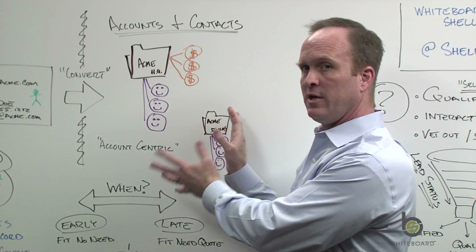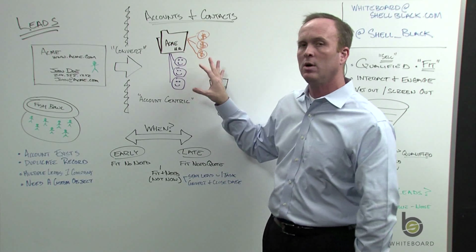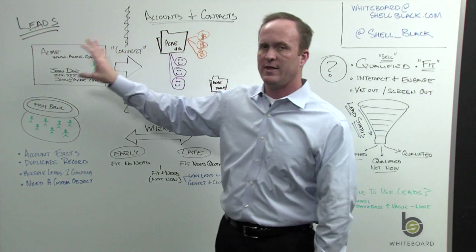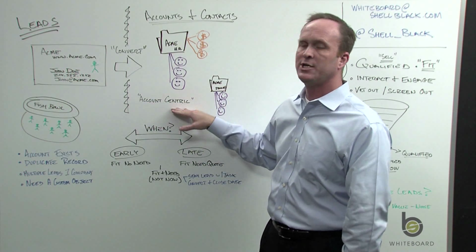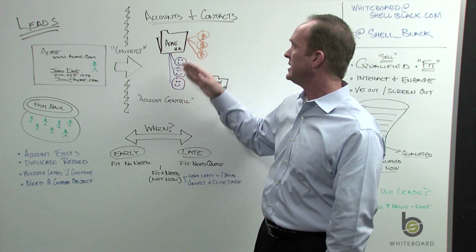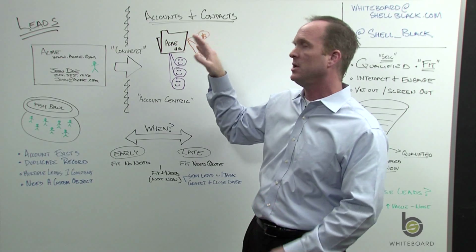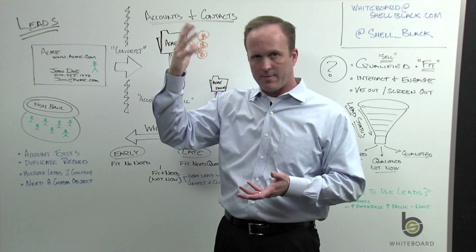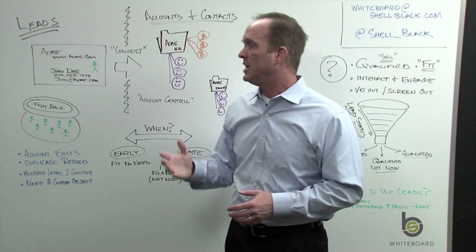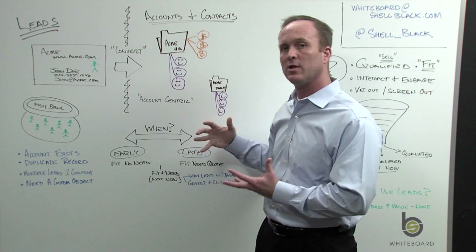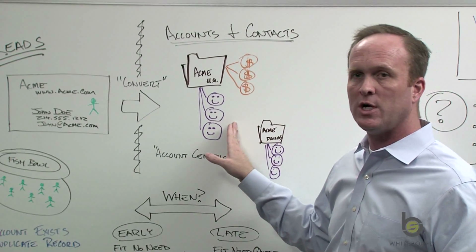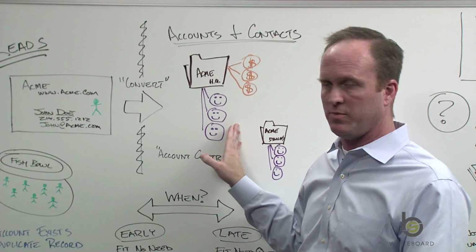So real quickly, you've noticed that this is a much more complex and robust data model than the leads bucket. It's an account-centric data model, where in Salesforce speak, the account is really the center of the universe, the top of the food chain in the data model, and things are below that typically in the database. You can have as many contacts as you want. You can have 10,000 contacts at one company.